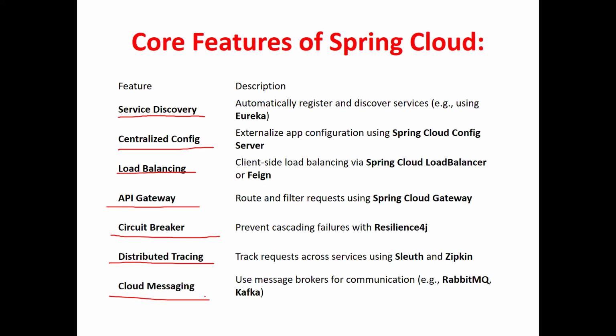The first one we are going to discuss is the service discovery mechanism, like Eureka server. We will slowly discuss API gateway, Spring Cloud Gateway, circuit breaker, Resilience4J, distributed tracing like Spring Sleuth, which is now deprecated, so we have Micrometer, and cloud messaging with Apache Kafka, along with a couple of design patterns as part of our project also, guys.